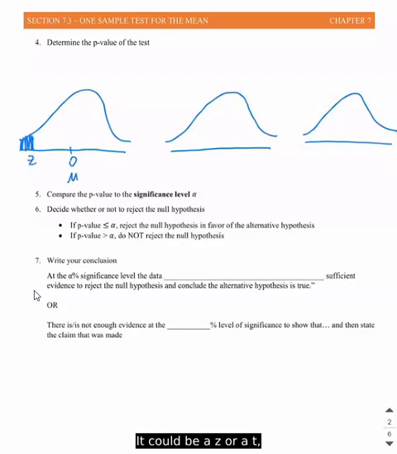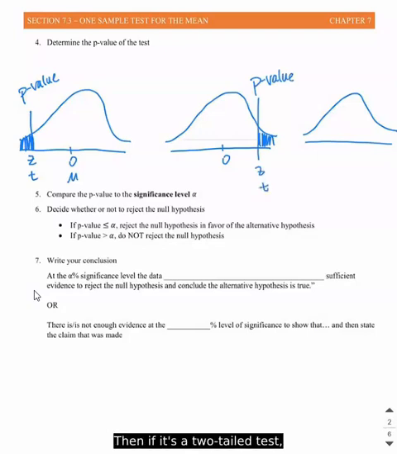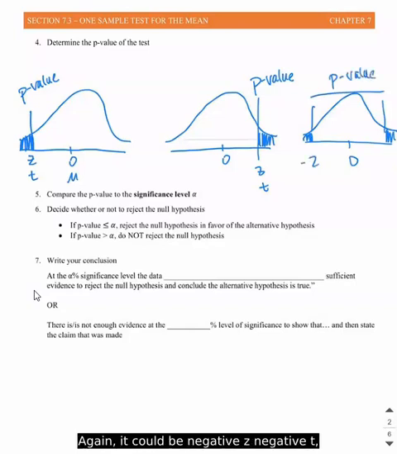It could be a z or a t, depending on the distribution you use. For a right-tailed test, maybe your p-value is over here, and this would be the z or the t, the standardized test statistic. And then if it's a two-tailed test, we're looking in both of the tails, and the p-value is added together. Again, it could be negative z, negative t, positive z, positive t, depending on the distribution.